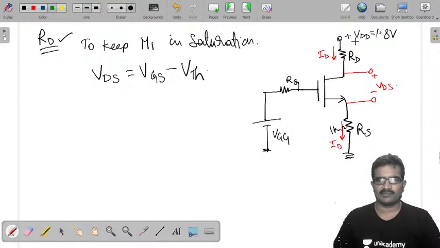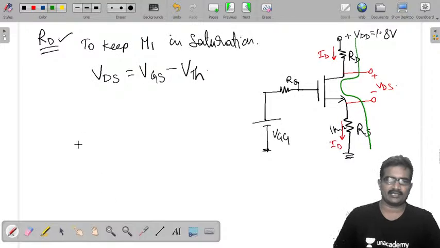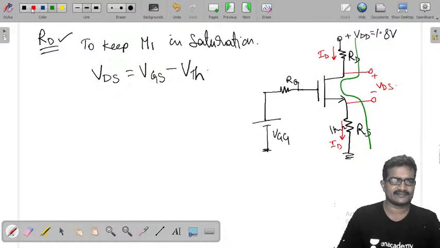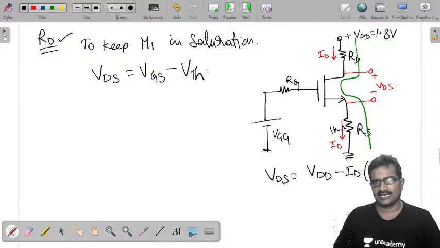Now I am applying KVL to this loop to get the value of VDS. From this, I got VDS as VDD minus ID times (RD plus RS). That's it.